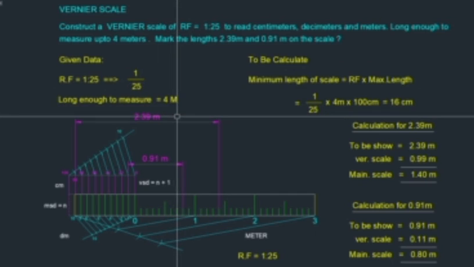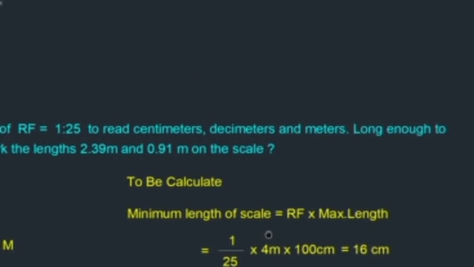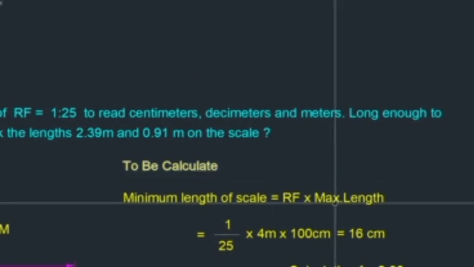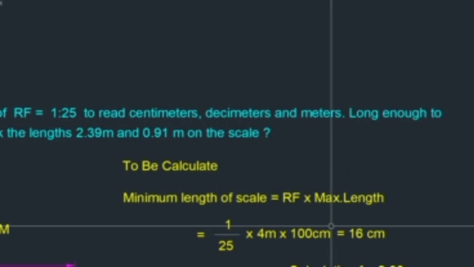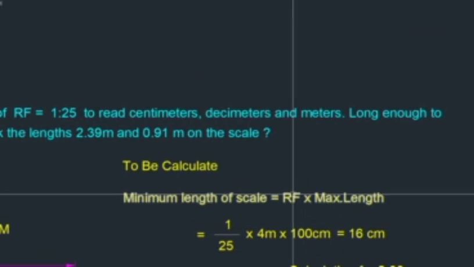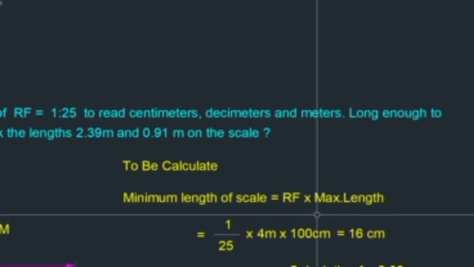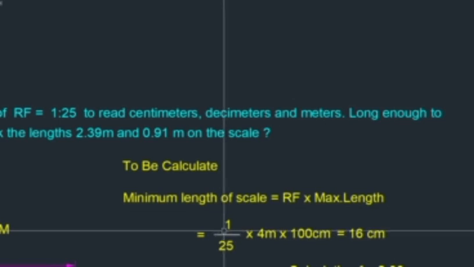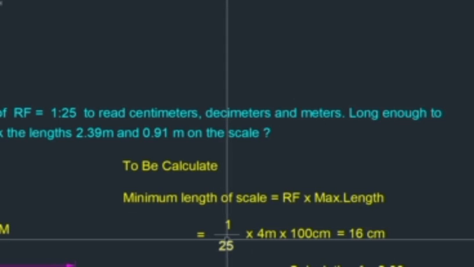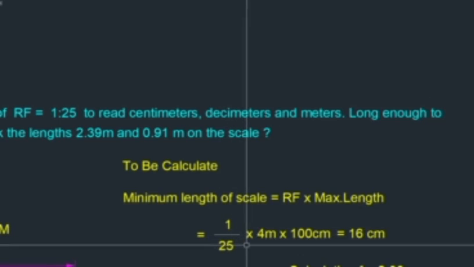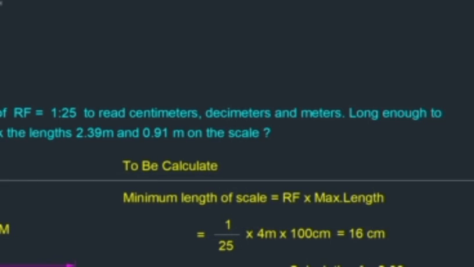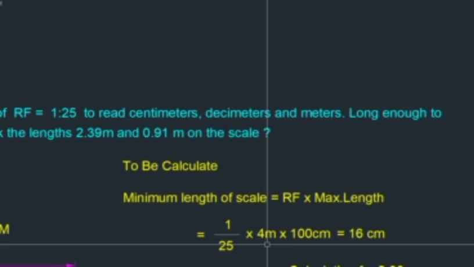So the first stage is what? You have to show your calculation of the minimum length of the scale using the formula RF multiplied by maximum length to measure. So RF is 1 by 25 multiplied by 4 meter.